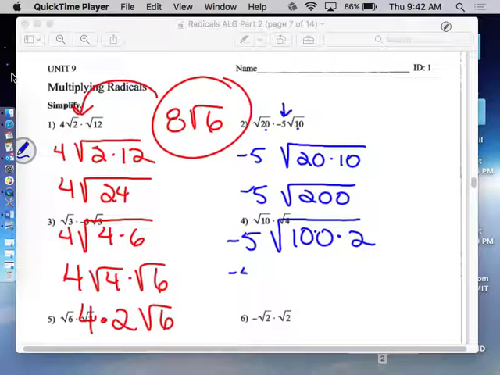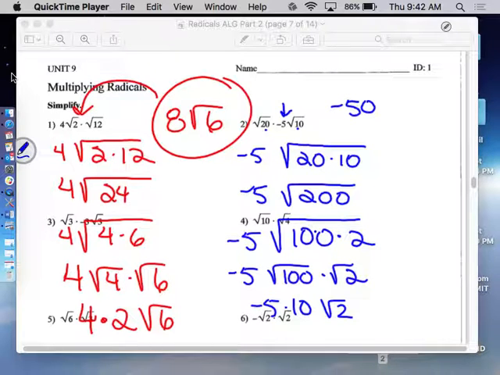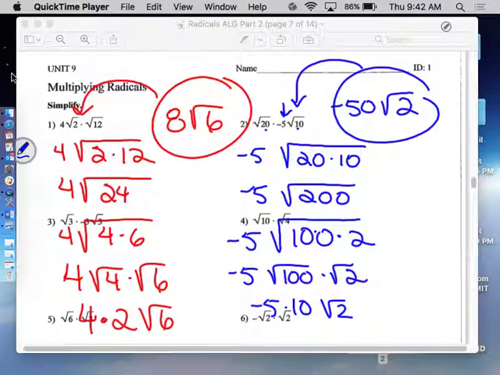So I have the negative 5 that was sitting out here, the square root of 100, which is the perfect square, and the square root of 2. The square root of 100 is 10, and I would multiply that by the negative 5 that was sitting in front, and then radical 2 remains as radical 2. So my simplified answer is going to be negative 50 radical 2.